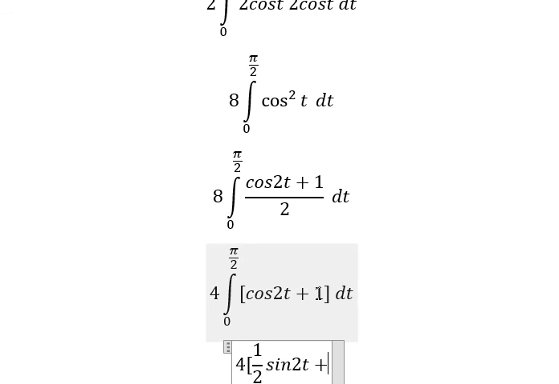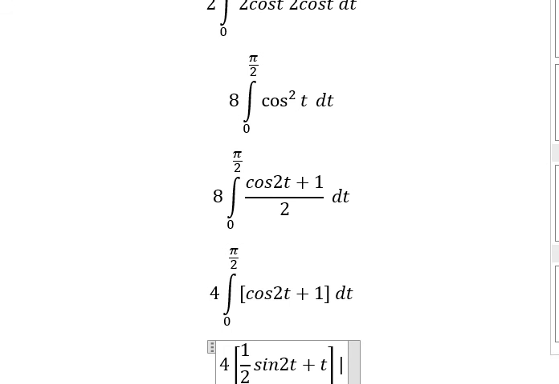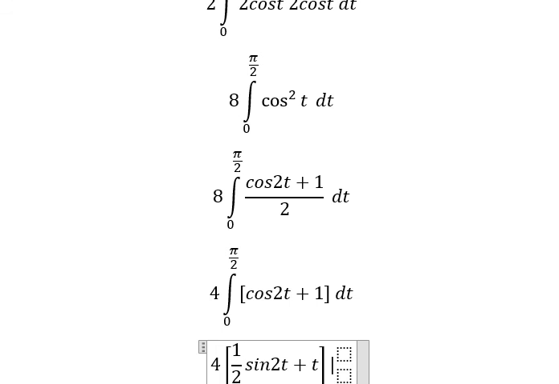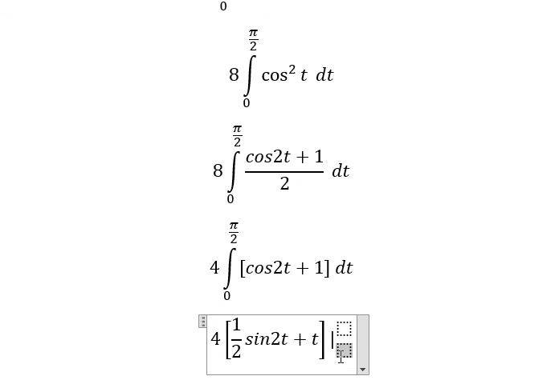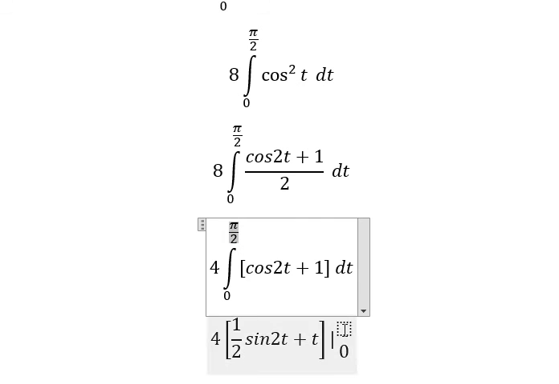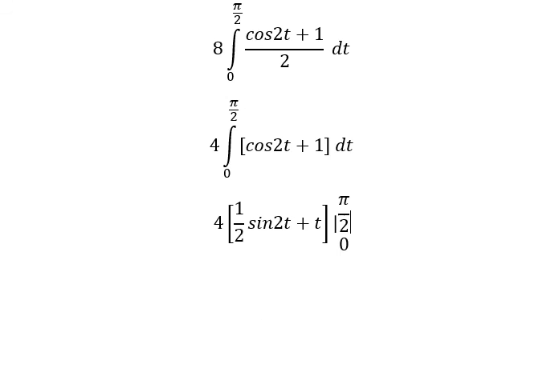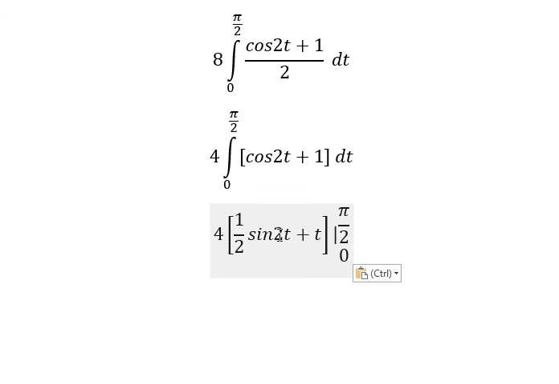The integral of 1 you get t, and we put the bounds from 0 to pi over 2. And now we need to put pi over 2 going here and here, 0 going here and here, and we get the final answer.